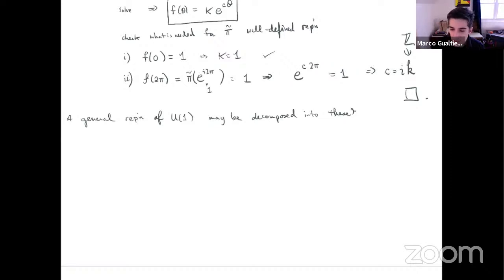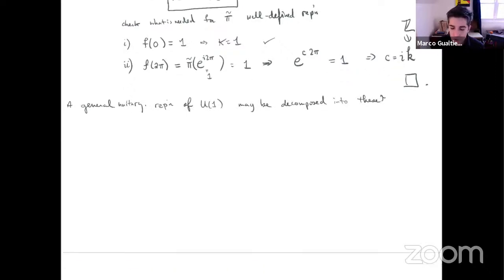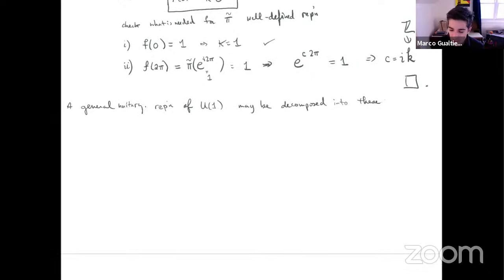Let me be a little bit more precise in this statement. It's not a theorem or anything, but a general unitary representation of U1, okay, if someone gives you a unitary representation of U1, what you should do is look for an invariant subspace that's going to be a one-dimensional subspace.